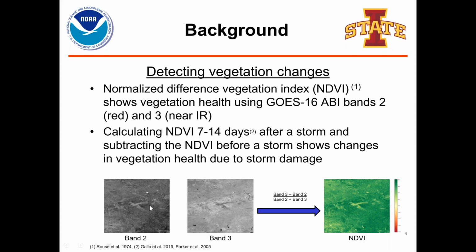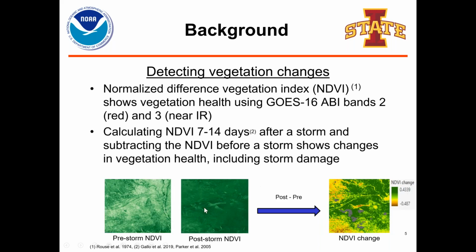So at the bottom here, we have our band 2 and our band 3 images, and then we create that NDVI. And then here is our pre-storm NDVI, and then our post-storm NDVI.